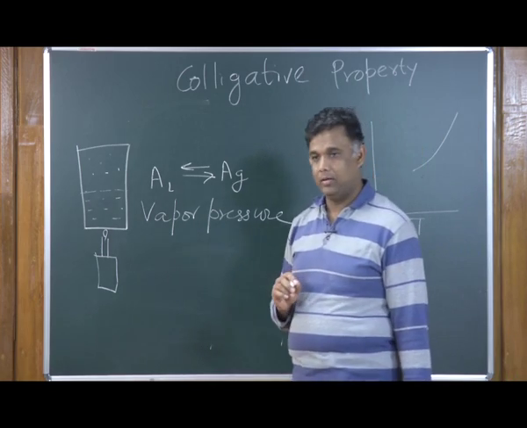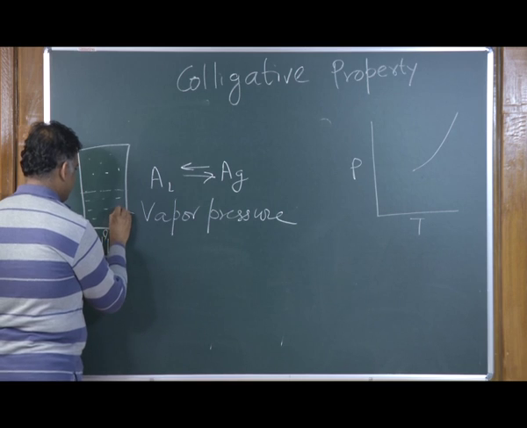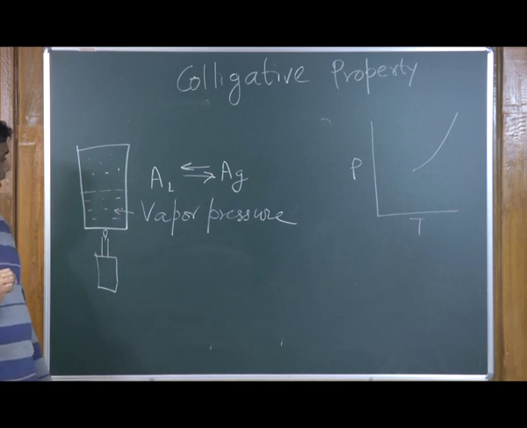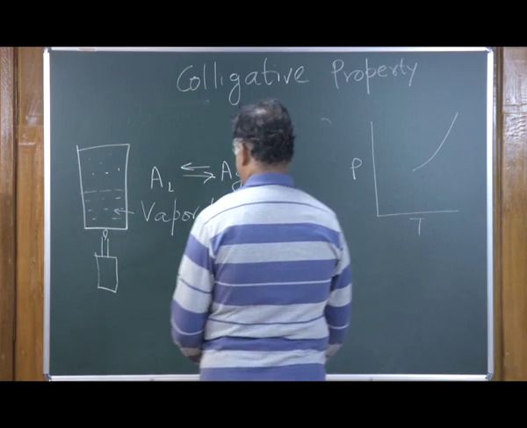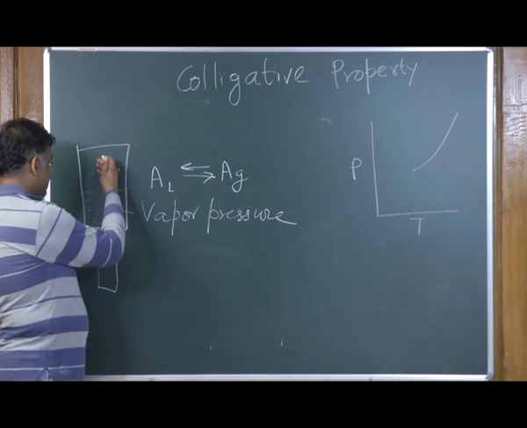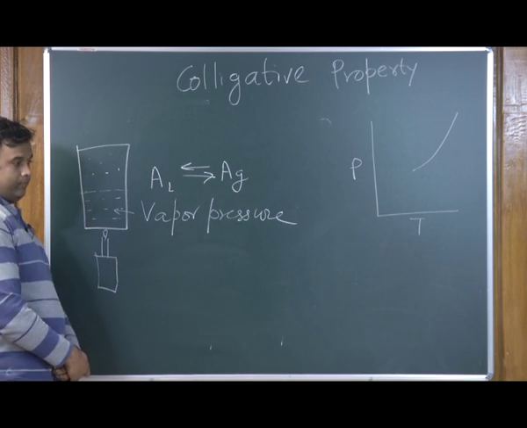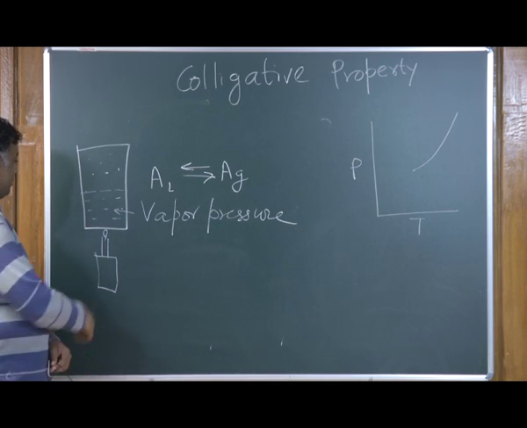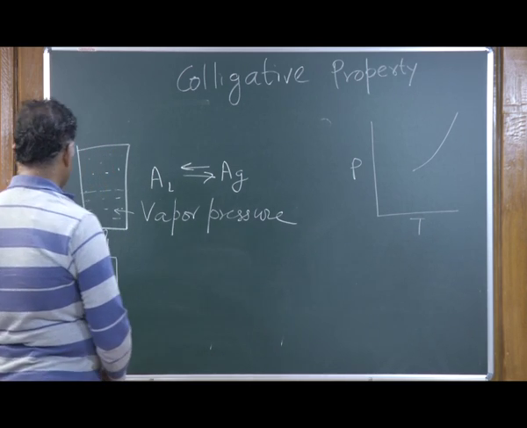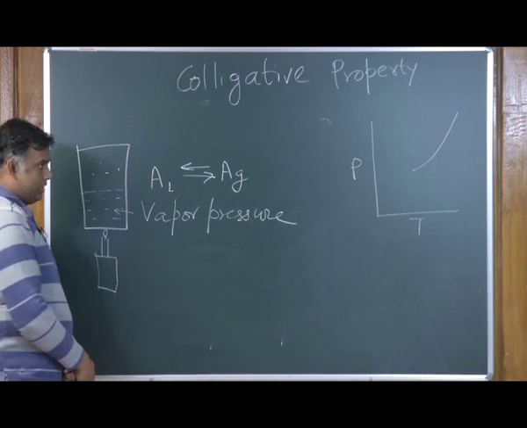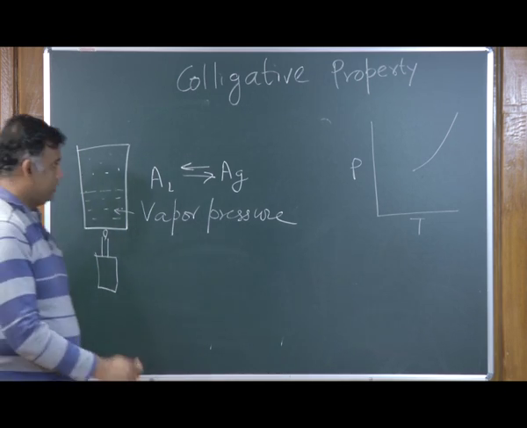Now, what would happen if I add some solute into this? Again, I am going to do the same experiment, and I am just going to measure the pressure exerted by the solvent molecules on the solution. But the solute which I have added is non-volatile. So, it is not going to contribute to the vapor pressure or to the pressure exerted over the solution.